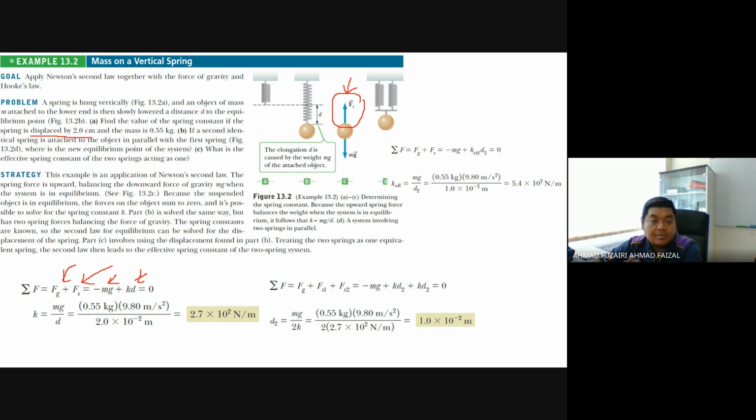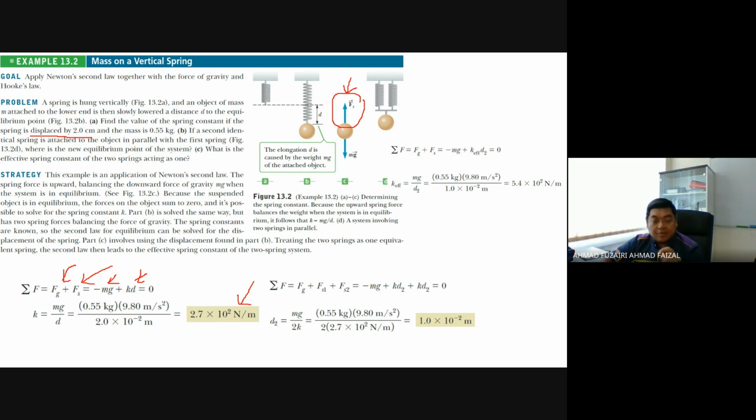But in this calculation, we don't have to put the negative because the force is going to be upward. So we put that as a positive k, and d is the displacement of 2 centimeters. When you solve for k, the answer will be about 2.7 times 10 to the power of 2 newtons per meter. Look at the unit used for k.